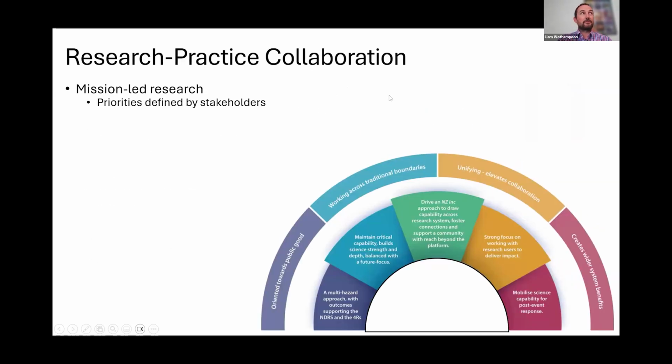What that means is if we align ourselves on the research side, and there's lots of alignment on the practice side, we have an efficient way to link between the two. One of the other key things that's motivated this is the move towards mission-led research in New Zealand. Science excellence is one end of the scale, and mission-led is the other end, where the priorities are defined by practice or by stakeholders.